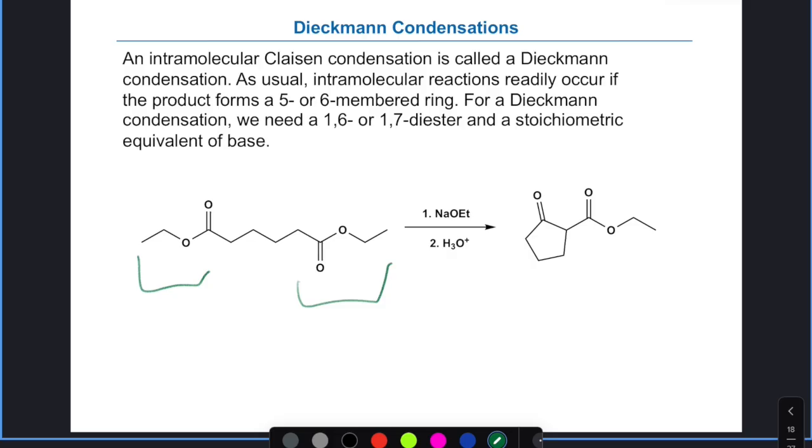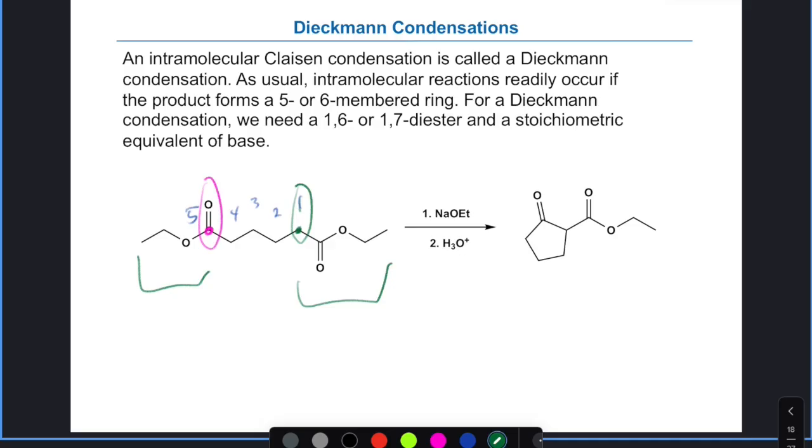So in a molecule like this, I'm going to say this one is going to be my enolate, so that's my donor, and I'm going to call that carbon number 1, which means I'm going to attack this carbon, my acceptor, and that is 1, 2, 3, 4, 5 carbons away. I'm making a new bond between carbon number 1 and the carbonyl at carbon 5. So mapping that over onto our products, that's my nucleophilic center.